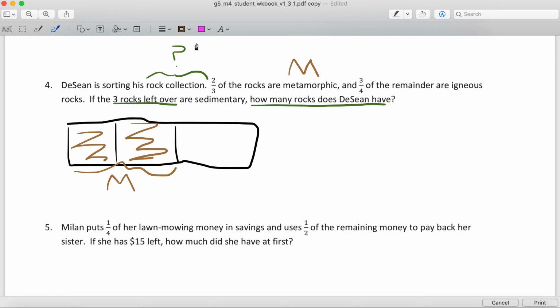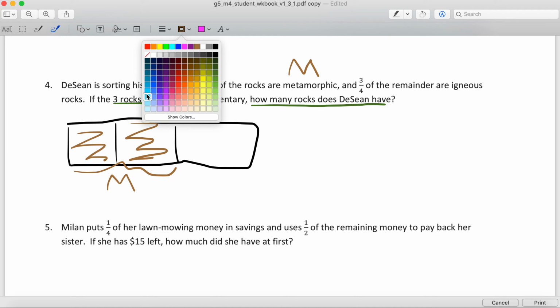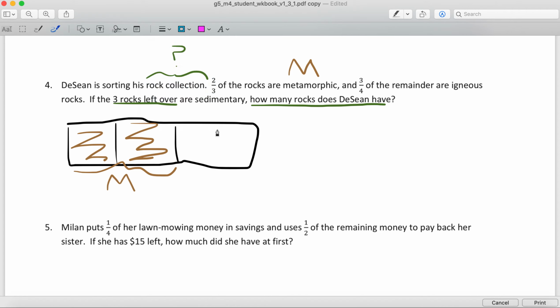It says 3/4. So that means that we need to divide this into 4 equal parts. 3/4 are igneous. So we're going to use an I for that, and we're going to call it blue. Okay, so I'm going to shade this in igneous.